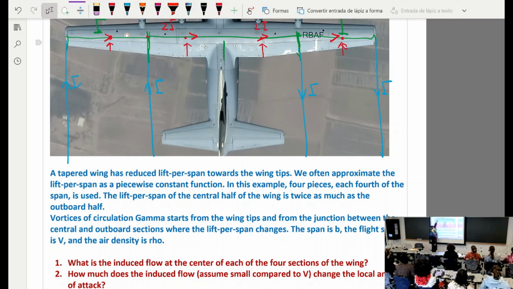If the induced flow goes downward, that means the compound velocity of the free stream and the induced flow goes slightly downward. So it mostly goes towards the tail, but now slightly downward. Does a downward flow increase or decrease the angle of attack of that cross section?